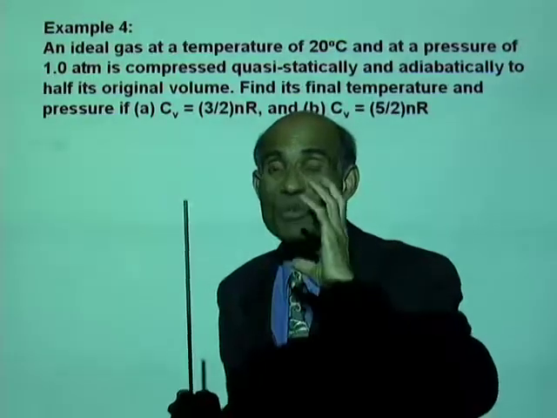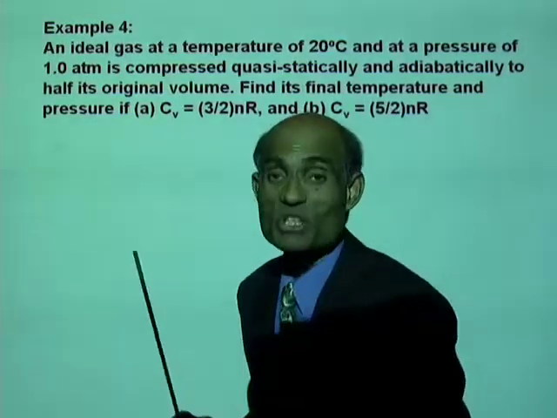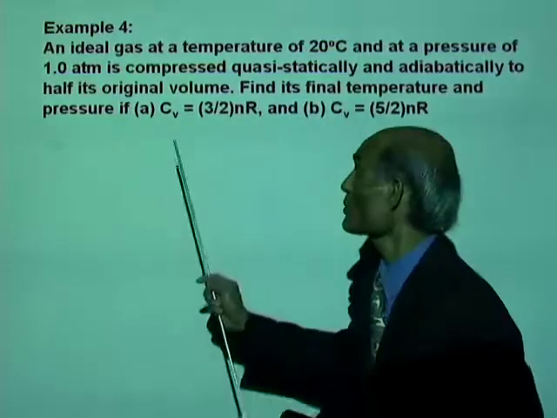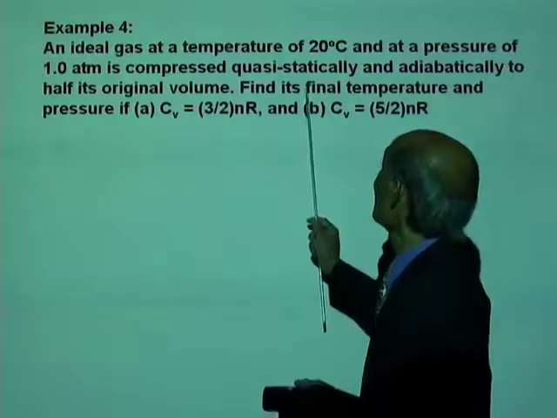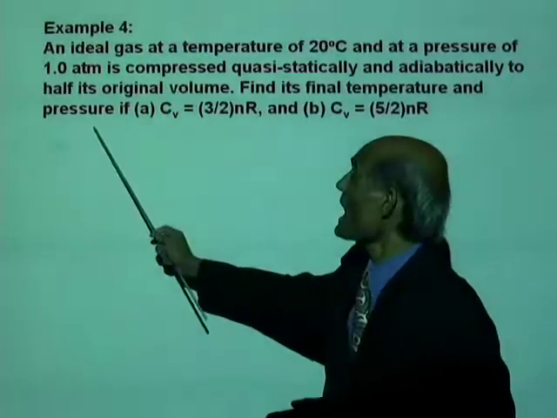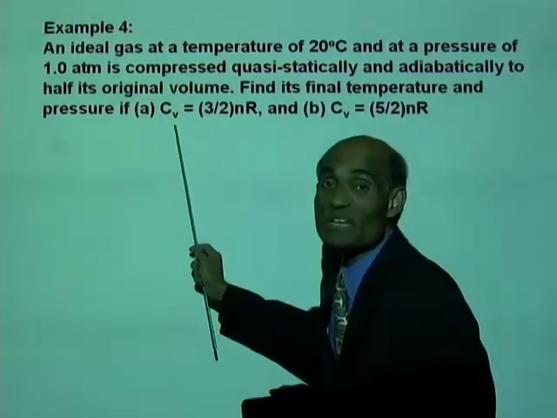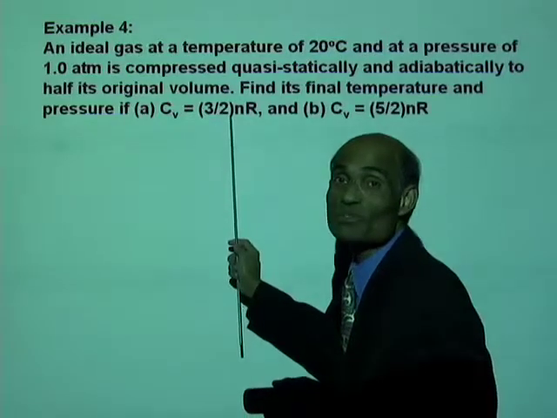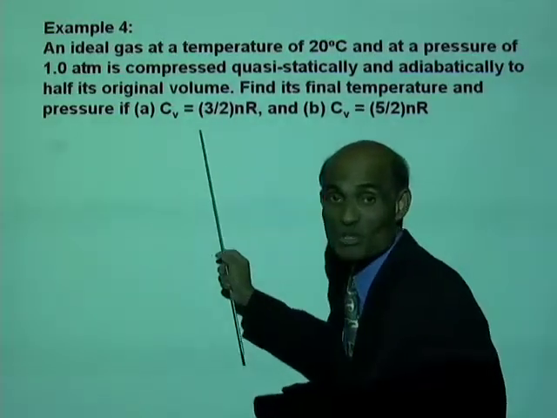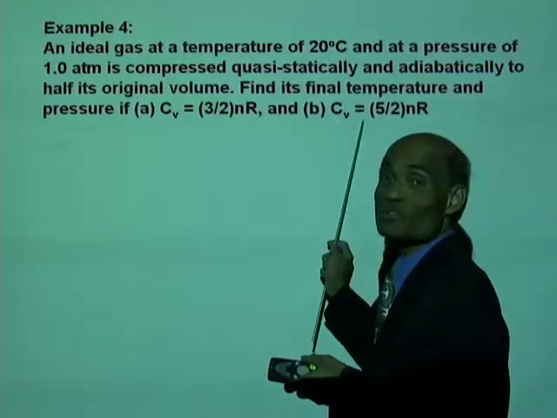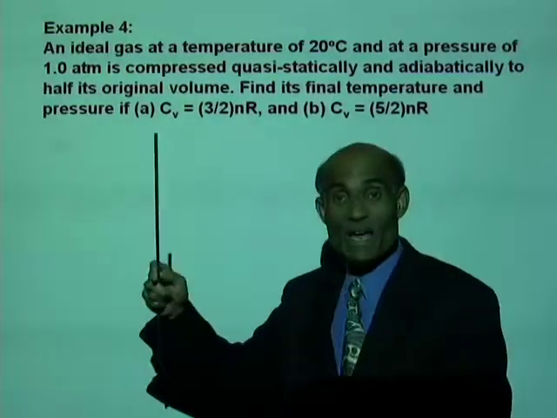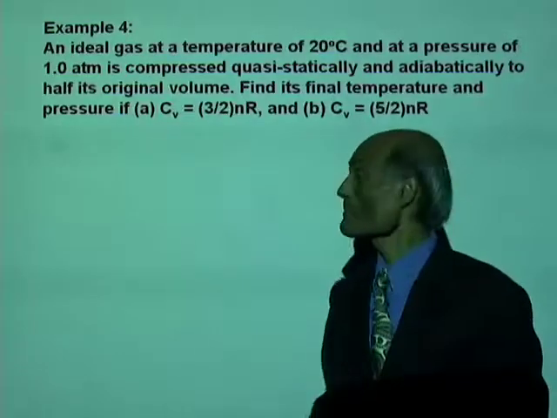You see, that quantity comes very handy. Find its final temperature and pressure if CV equal to 3 over 2 nR, that is a monatomic gas, and CV equal to 5 over 2 nR, that is for a diatomic gas.